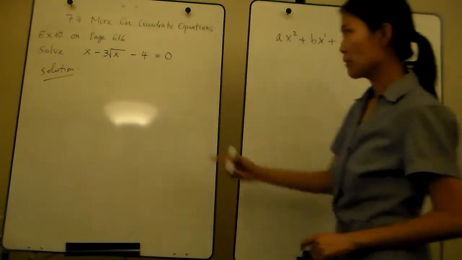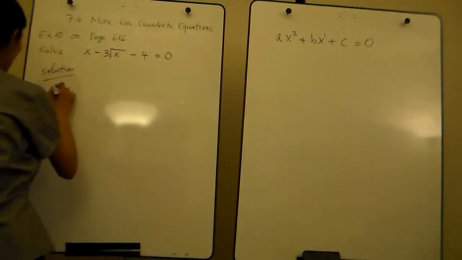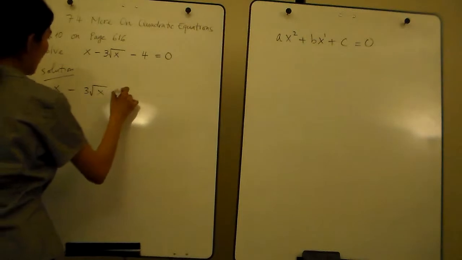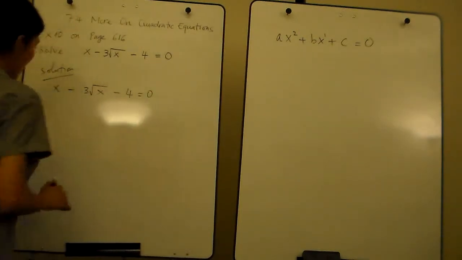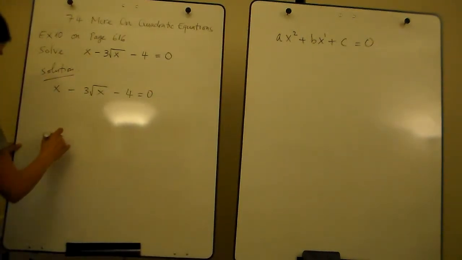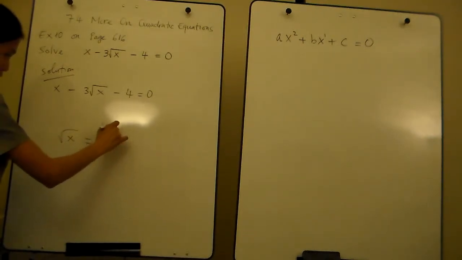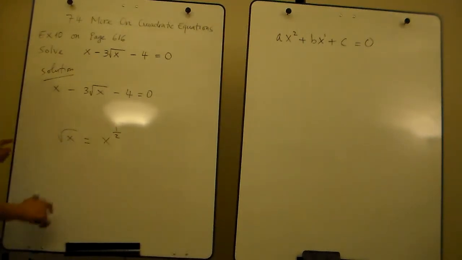Okay? How about this one? We're given x minus 3 square root of x minus 4 equal to 0. This square root of x, you can rewrite as x raised to 1 divided by 2. Okay? We learned how to convert from radical to exponent.